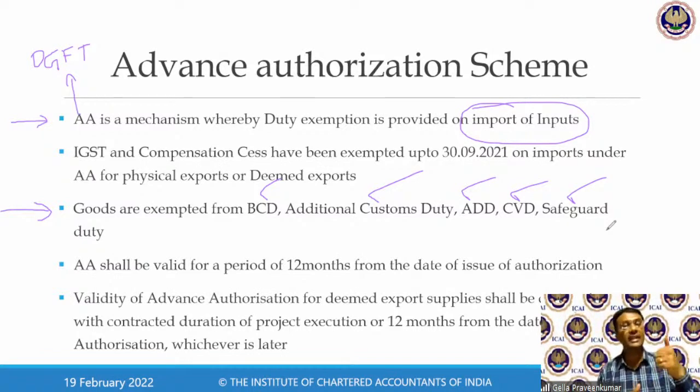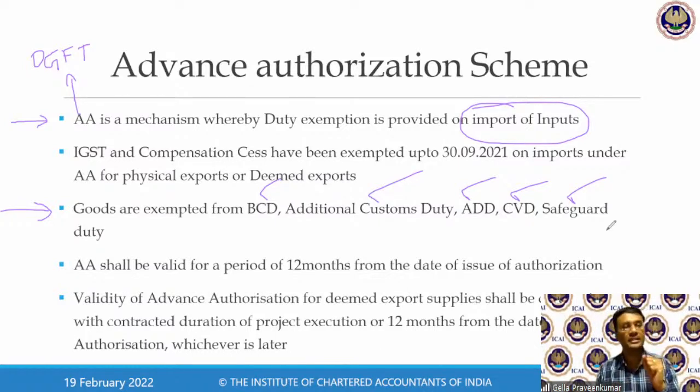Now, is there any cash outflow happening? There's no cash outflow happening. There's a value of 22 lakhs where I have admitted that I have to pay, provided I use it in manufacture and in turn I export.